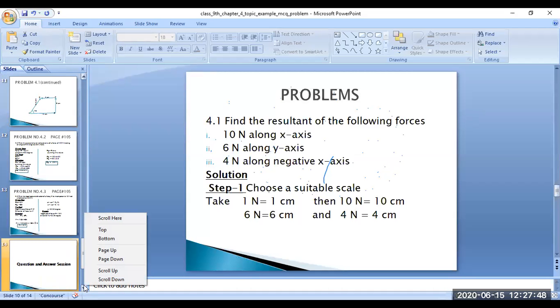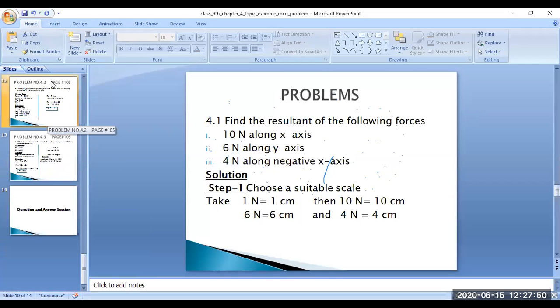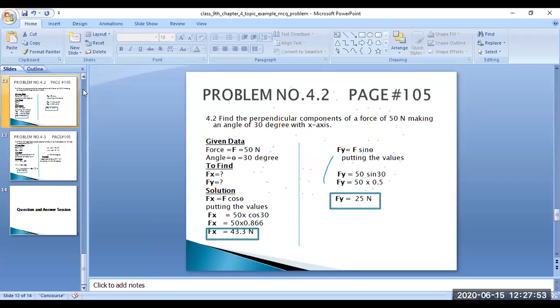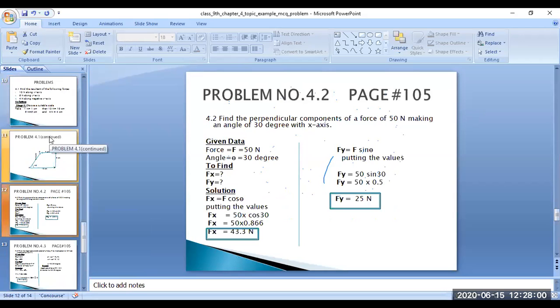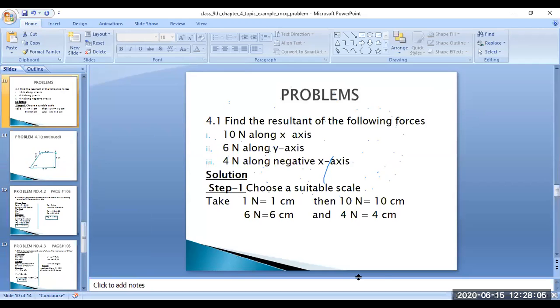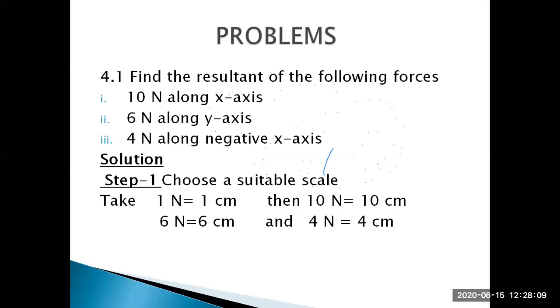Page number 105, problem number 4.1. I read the statement as: find the resultant of the following forces. 10 Newton along the x-axis, 6 Newton along the y-axis, and 4 Newton along the negative x-axis.